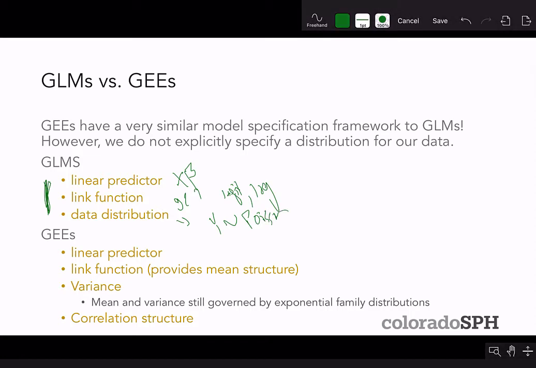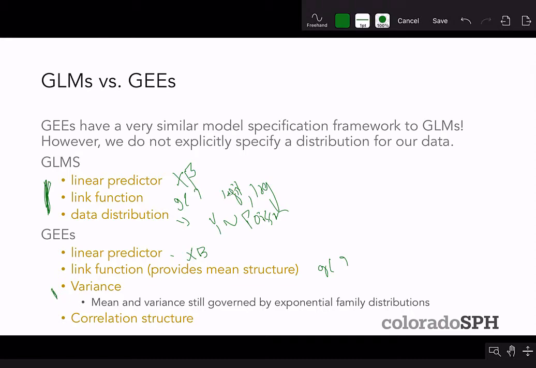For GEEs, you have the same linear predictor, your x beta, where you have to specify what betas and x's you want to consider. You also specify a link function that's going to be the same type of link functions that we've been using. And the link function that you choose sort of dictates the mean structure of your data. We also specify a variance.